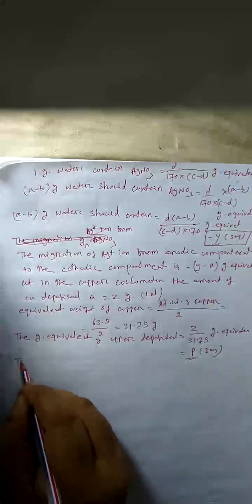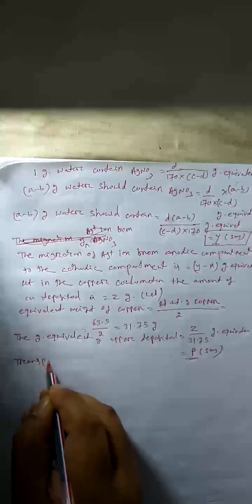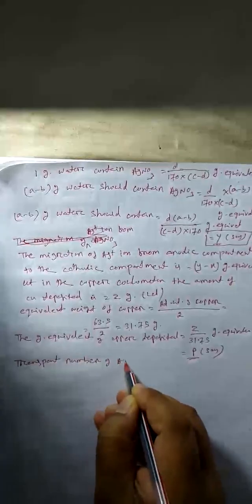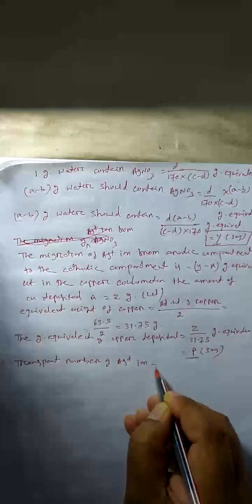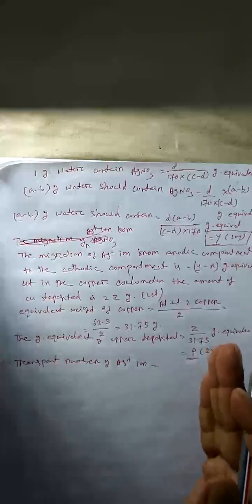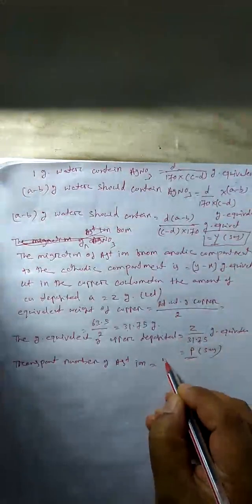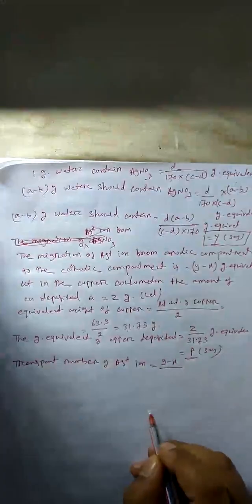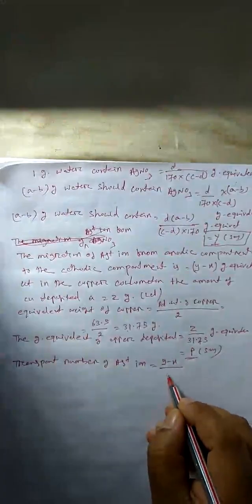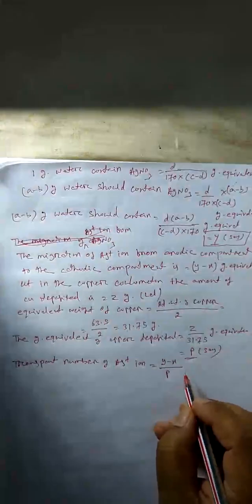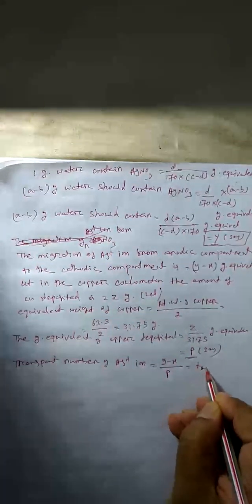Then the transport number of silver ion is the number of ions transported from anode to cathode, which is equal to Y minus X, because this will carry the current, divided by the total current passed through the instrument. Total current passed is P. This is called the transport number of silver ion, t Ag plus.